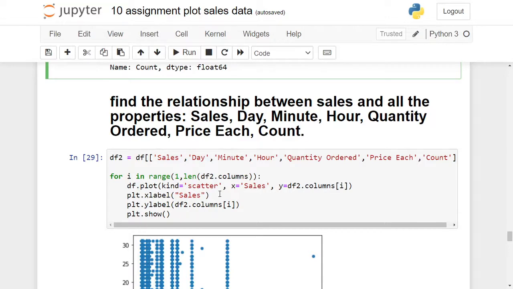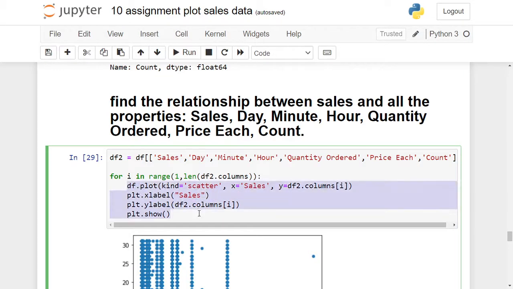And you can actually make a loop. You go through sales with all the others in df. So starting from sales, and you skip the sales. You start with day, minutes, and you plot the relation between those two. So we can simply plot x as the axis, and then y will be the columns.